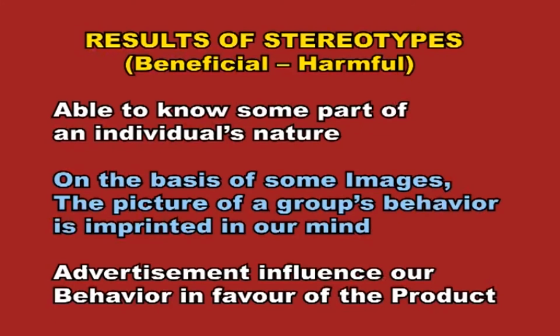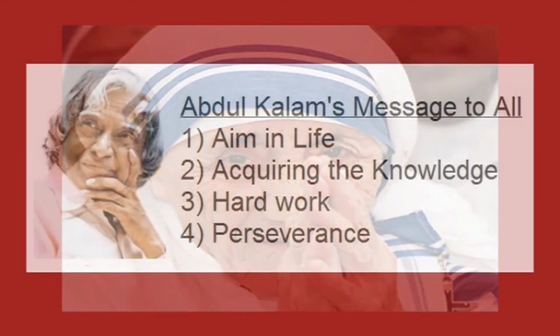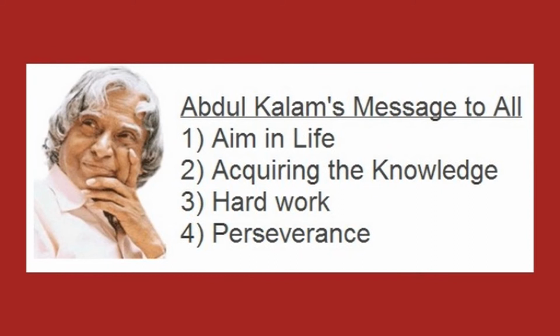On the basis of these images, the picture of a group's behavior is imprinted on our mind. On the basis of this picture, we preconceive the behavior of that individual or the group in specific situations. The preconception may either turn out correct or incorrect.